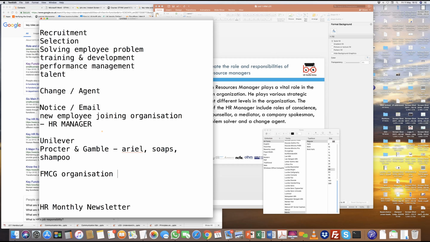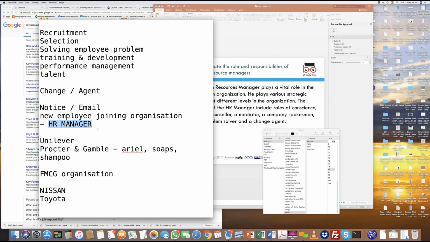So let's look at cars, Nissan, Toyota. Now, if Toyota has to announce something that, okay, this is going to be a holiday, so who will announce? HR will send out an email, but in a size of that organization, the HR manager will not send an email. The HR manager will have a department within, they will say, okay, let's drop a monthly newsletter, and that monthly newsletter will capture all the major happenings or major news and events happening within the organization.